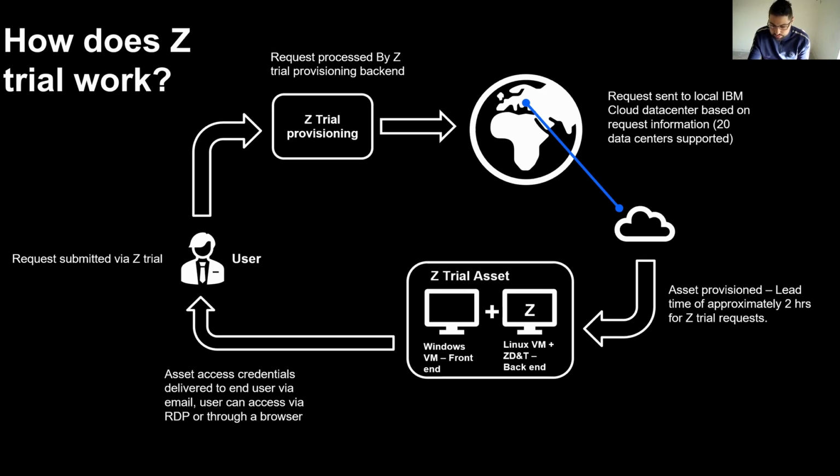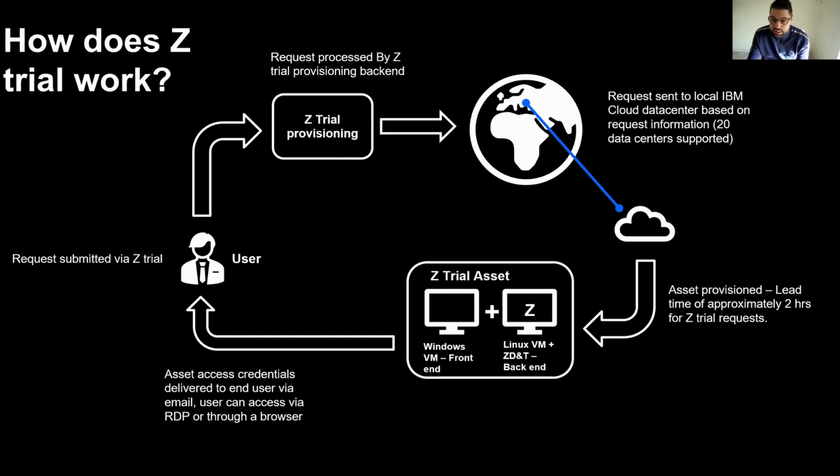All of them have 3270 terminals for those users who want to use that and explore the ZOS that way, like me, for example. And the Windows machine also contains our Z Trial Wizard, which is an Eclipse application that will guide you through the process of using the software, and essentially is designed to demonstrate kind of a real world situation.